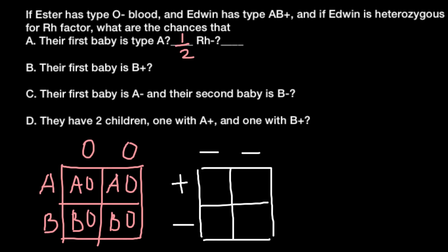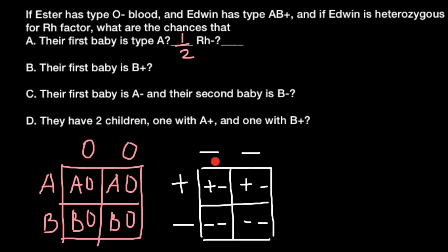So here we would have plus minus here, minus minus here, and minus minus here. As you see, there is a 50% chance that their children would be Rh positive, and a 50% chance that their children would be Rh negative, because the Rh positive factor is dominant over the Rh negative factor.